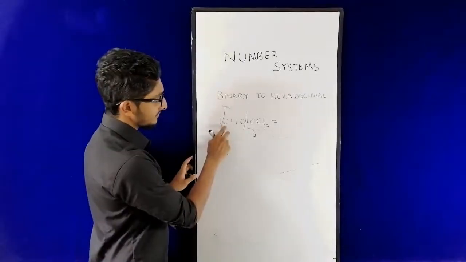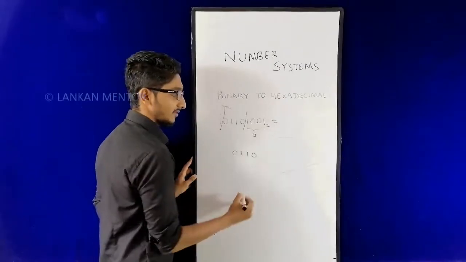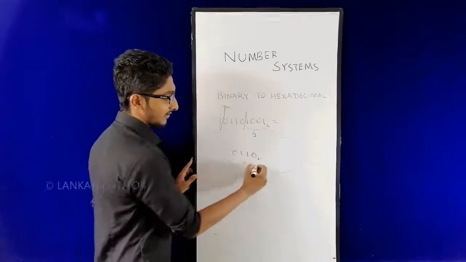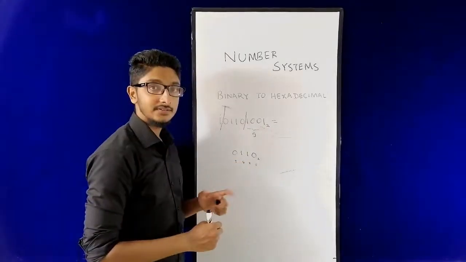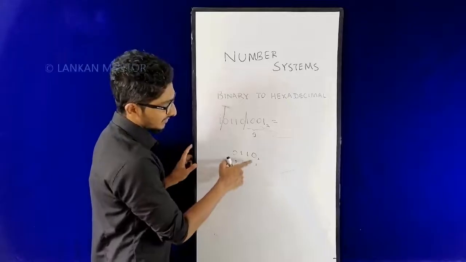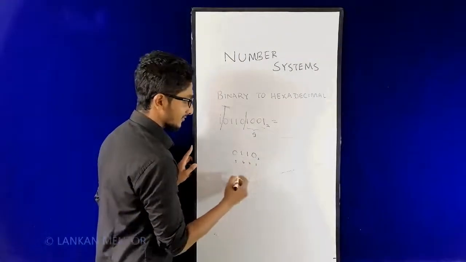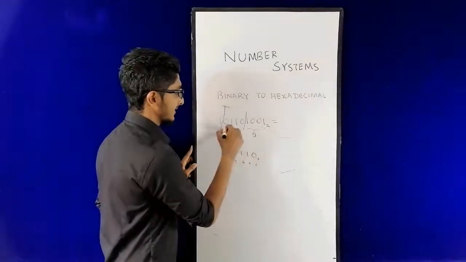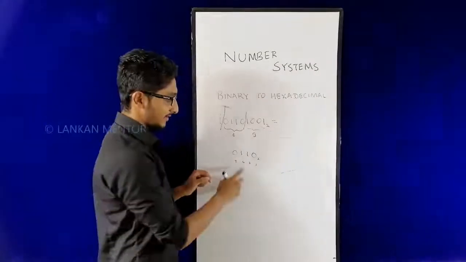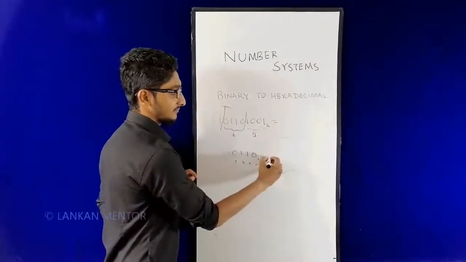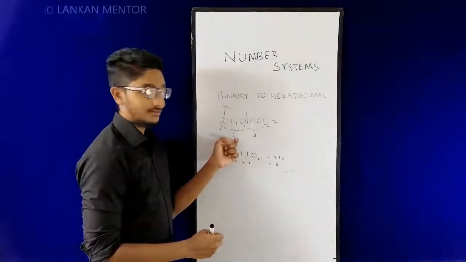And again 0, 1, 1, 0. So how are you going to write? 1, 2, 4, 8. The abacus method, right? So now 2 and 4. So 2 plus 4 is 6. Okay.